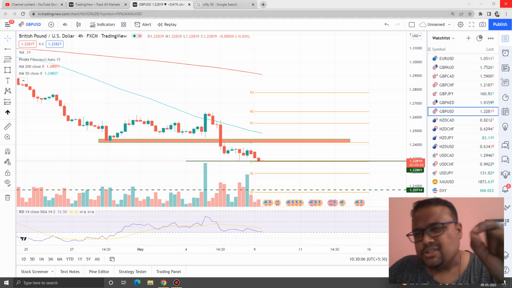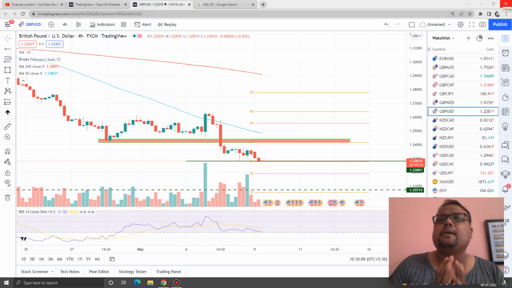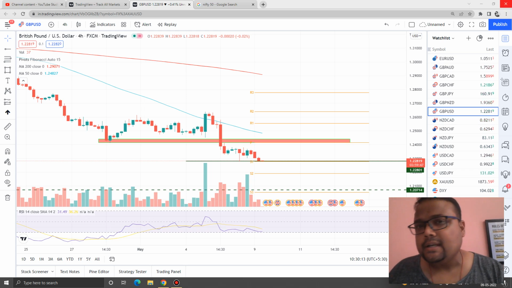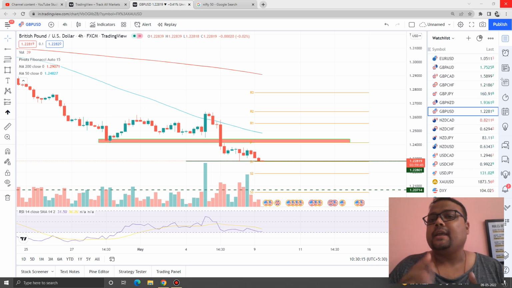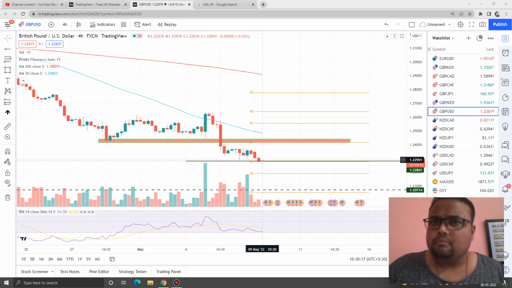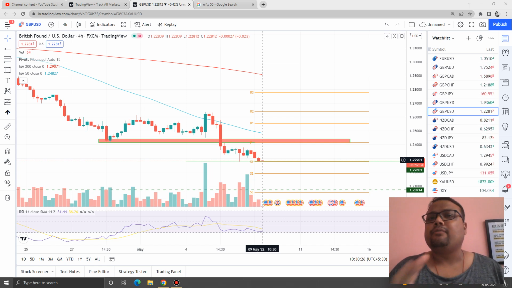So it is not a good thing to take a buy position right now. At least in my opinion, those who have started trading recently, beginners, you should avoid taking a buy position here. If you have considerable experience in the market, if you have been trading for a good amount of time, then you can take a buy position. Otherwise, it is better to avoid a buy position.